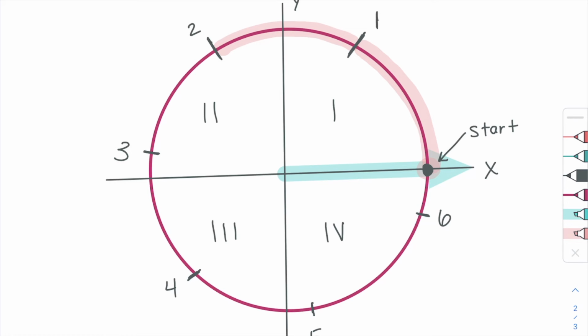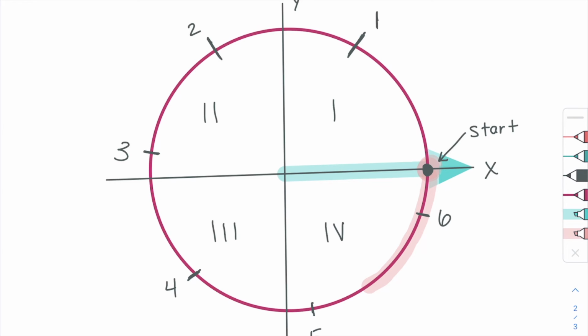So you're going to take your piece of string and start again at your start point, but you're going to wrap it backwards, and label that backwards -1.